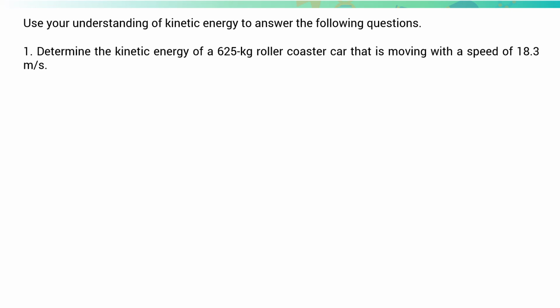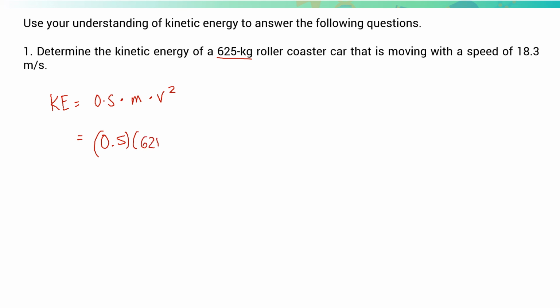For our first problem, we have to determine the kinetic energy of a 625 kilogram roller coaster that is moving with a speed of 18.3. The formula for kinetic energy is again KE is equal to 0.5 multiplied by mass multiplied by velocity squared. So let's write 0.5, or 1/2, multiplied by the mass, which is 625 kilograms.